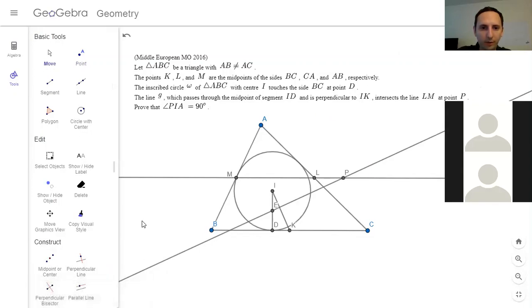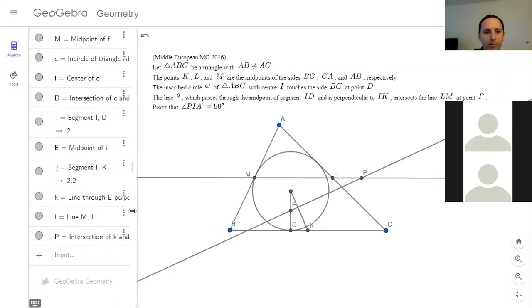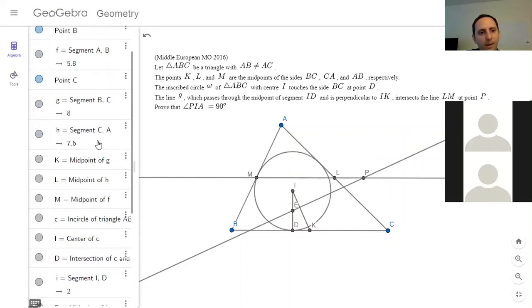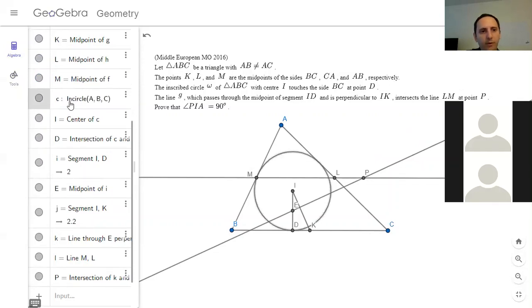How did you learn using the algebra section? So yeah, the algebra, you could just click the calculator right here. I kind of just played around with it. If you go on the internet, the notation for incircle is just incircle ABC.